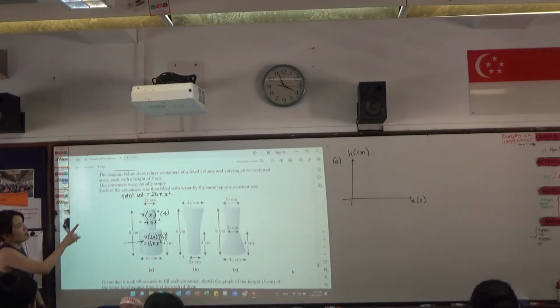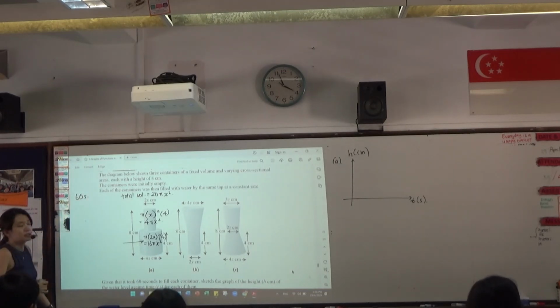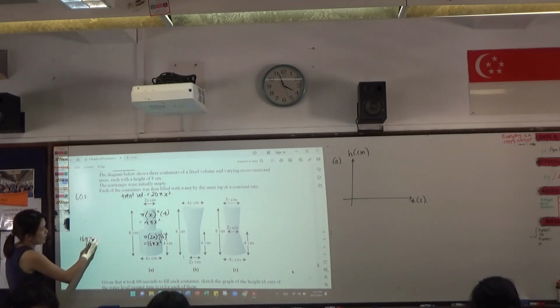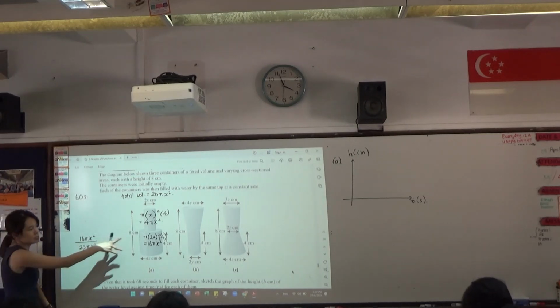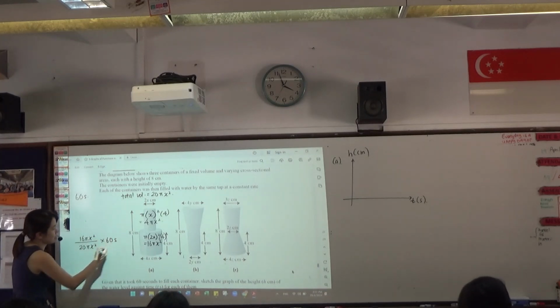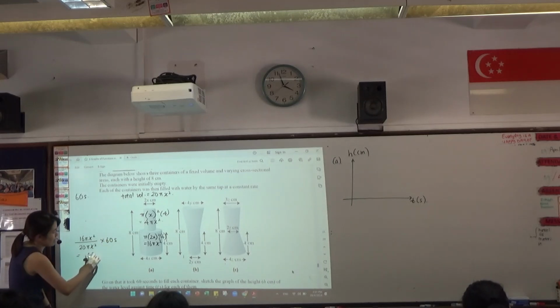Okay? The question says that it is being filled up in 60 seconds. We can do it by proportion. So in this case, 16 pi x squared divided by 20 pi x squared. Okay? This volume divided by total volume times 60 seconds will be able to tell you that this requires 48 seconds to be filled up.